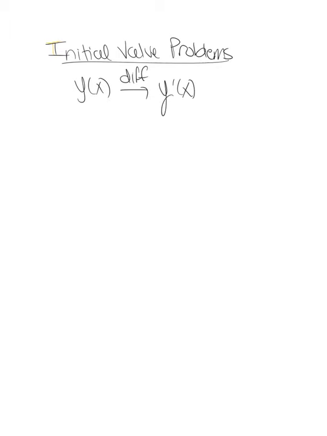And since integration and differentiation are opposite processes, then it stands to reason that we could take y prime of x and integrate it and get back to y of x. And that's kind of the premise and the reasoning behind doing these initial value problems. And the best way to see that is through examples.